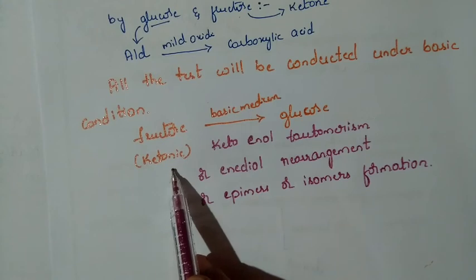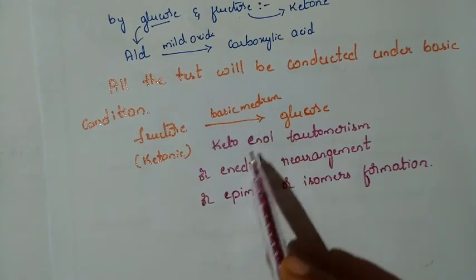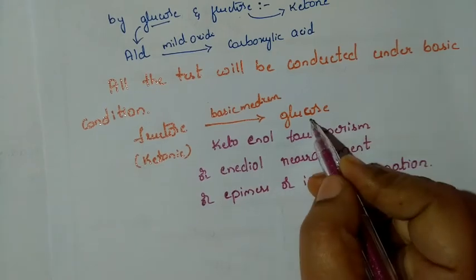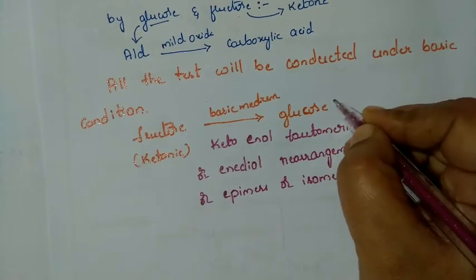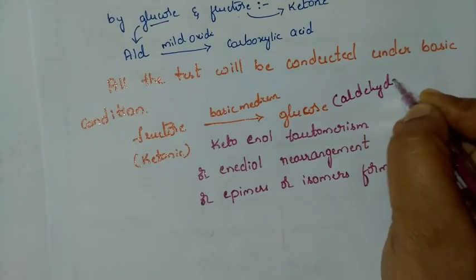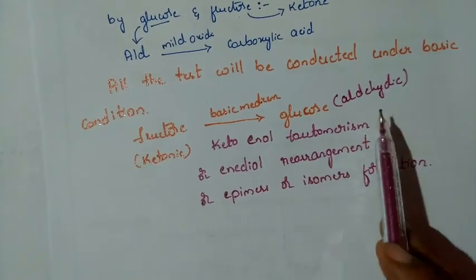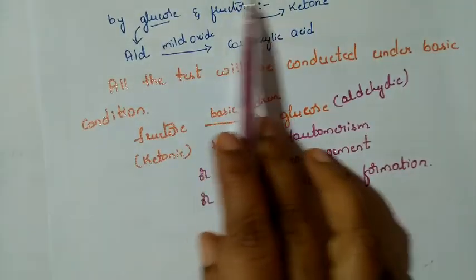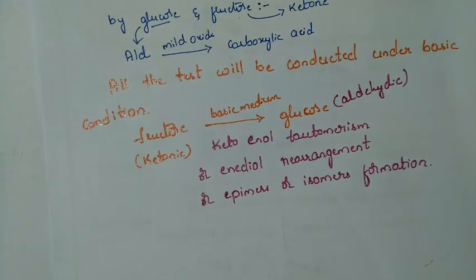Fructose, where the ketonic group was there, in basic medium undergoes this and forms glucose, which consists of an aldehydic group. With the help of this aldehydic group, it gives a positive test for Tollens reagent, Fehling's solution, and Benedict's test. I hope it is clear.